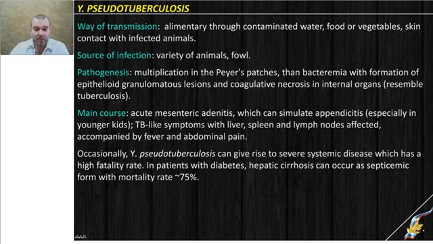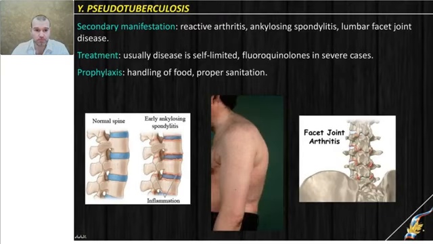Again, rarely, but some cases were described when Yersinia pseudotuberculosis gave rise to severe systemic infection with multiple organ failure, and the mortality rate is very high. Especially patients with underlying disorders such as hepatic cirrhosis are affected by that bacteria and systemic manifestation of the infection.